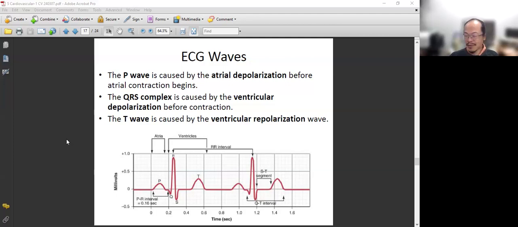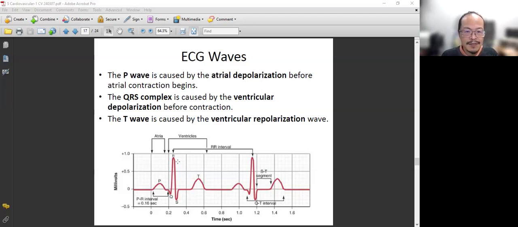So here is the summary of what we talk about. The EKG or ECG, you have P wave, QRS, and the T. P is a depolarization of the atrium. When the atrium depolarizes, before ventricular depolarization, this duration is atrial contraction. So this is the time when the atrium contracts. And then you have the QRS. QRS is caused by the ventricular depolarization.